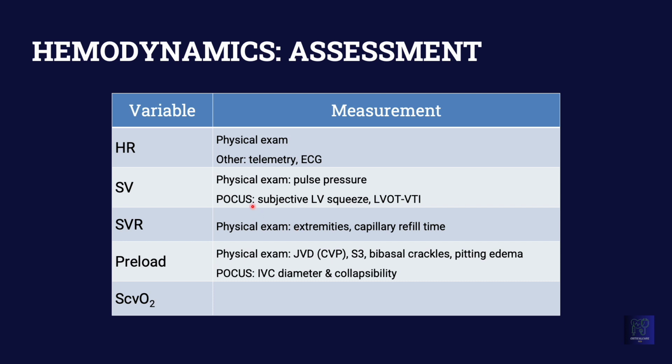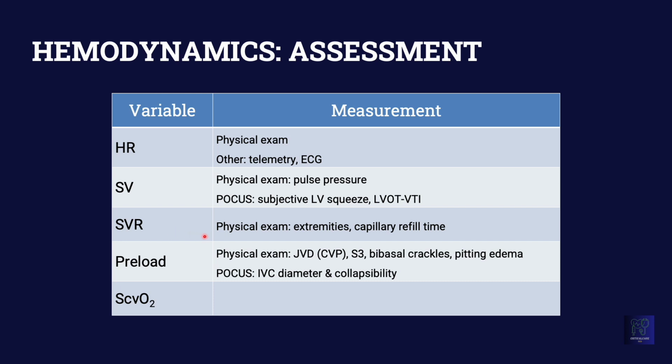But a more reliable way of knowing stroke volume is point of care ultrasound exam. Looking at the subjective squeeze of the LV, is it hyperdynamic or is it hypocontractile, can help you estimate the stroke volume. LVOT VTI is a more advanced point of care ultrasound assessment which will help you actually calculate the stroke volume.